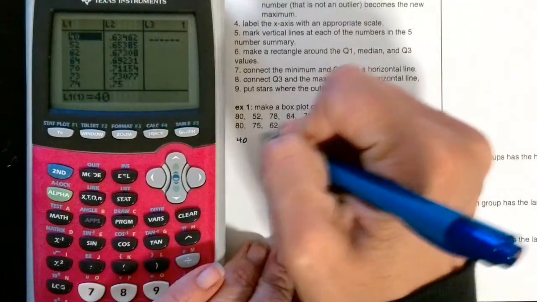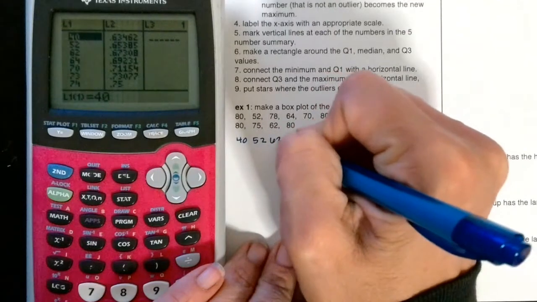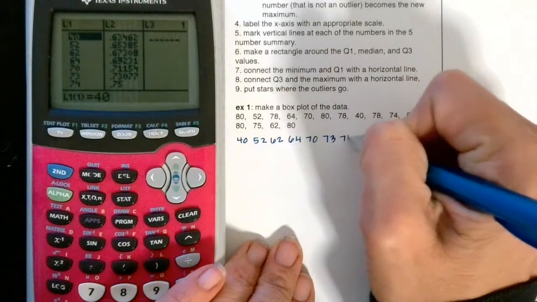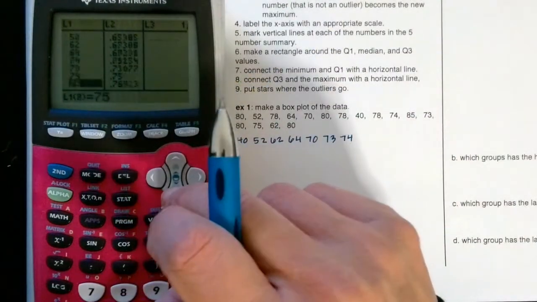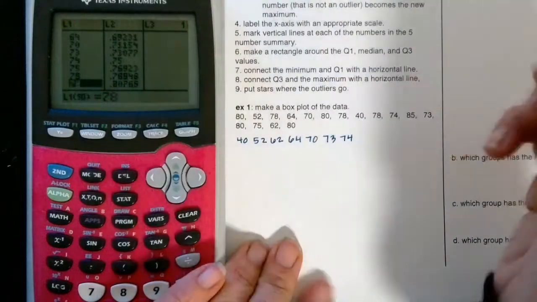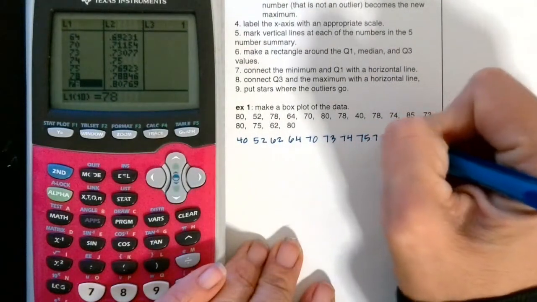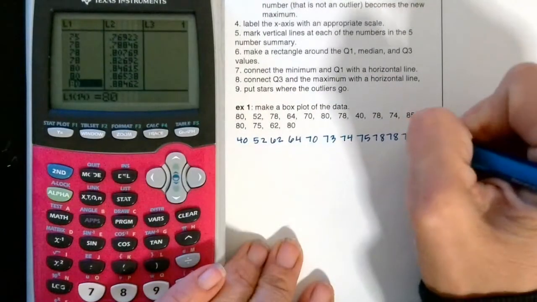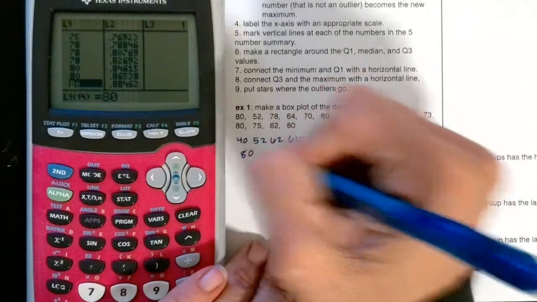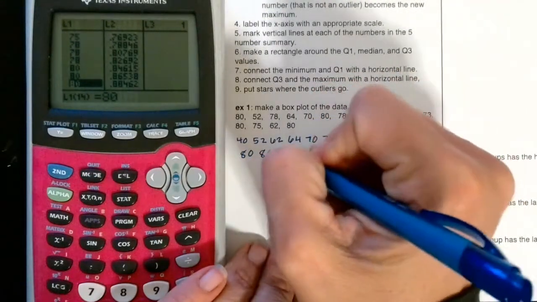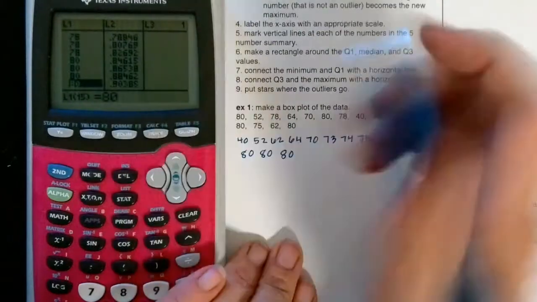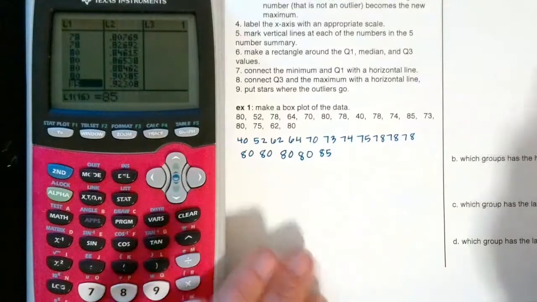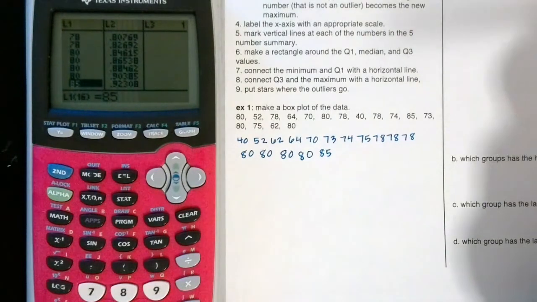So 40, 52, 62, 64, 70, 73, 74, 75, 78, 78, 3 78s, and then I have some 80s, 4 80s, and then my last one is that 85. So there's the numbers in order from least to greatest.